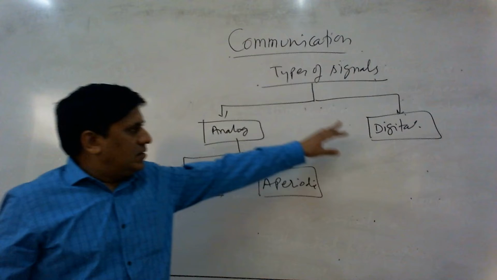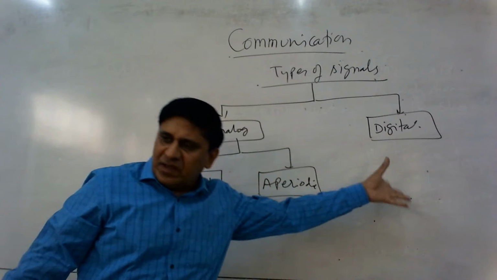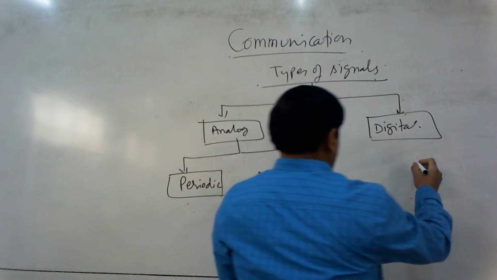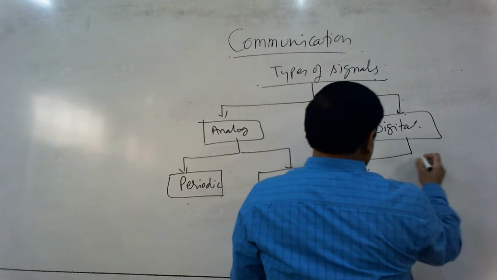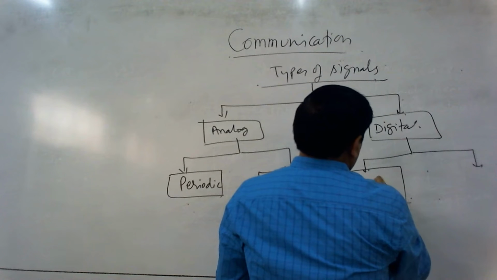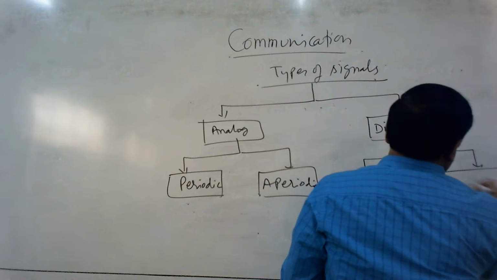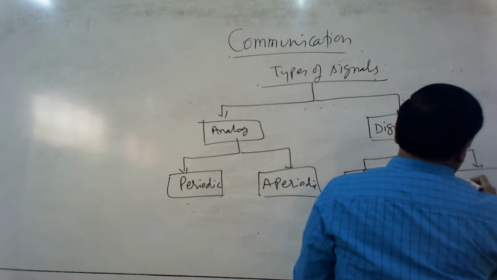Digital signal is also divided into two parts, that is periodic and non-periodic or aperiodic.